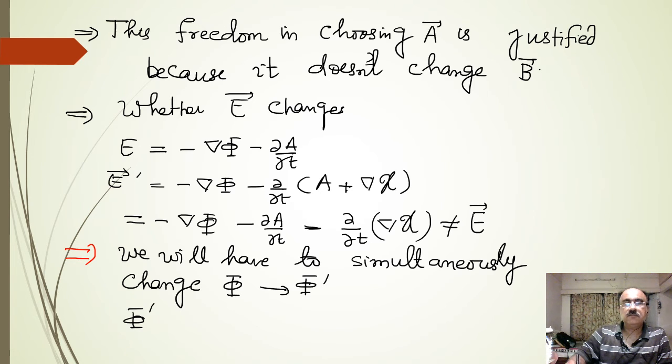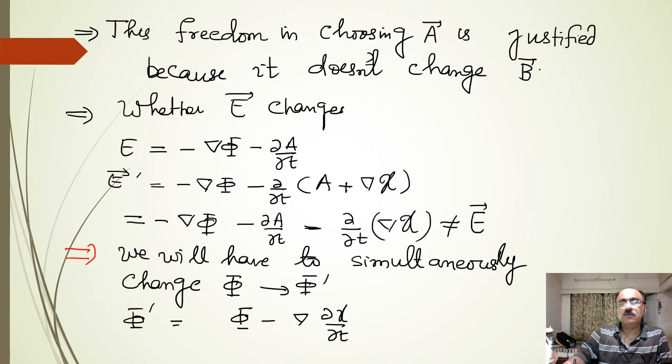Phi dash will be equal to phi minus, because this is E dash, this is the additional term. So here if we have changed phi as phi minus del gradient of del chi by del t, then this term will cancel out with this because this is a minus sign.